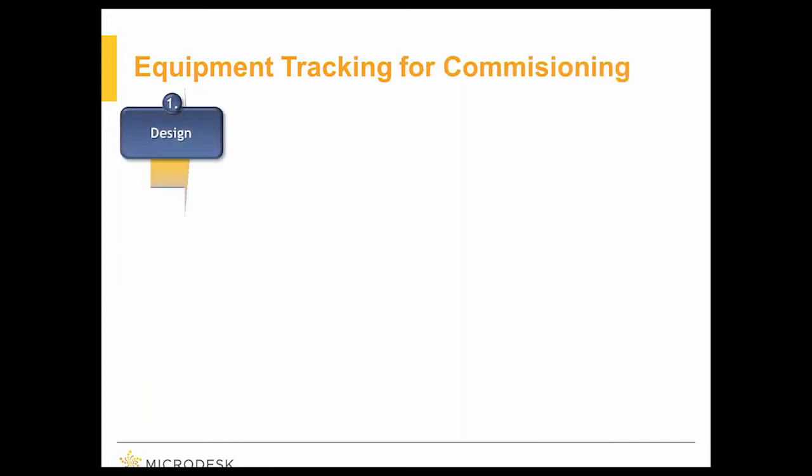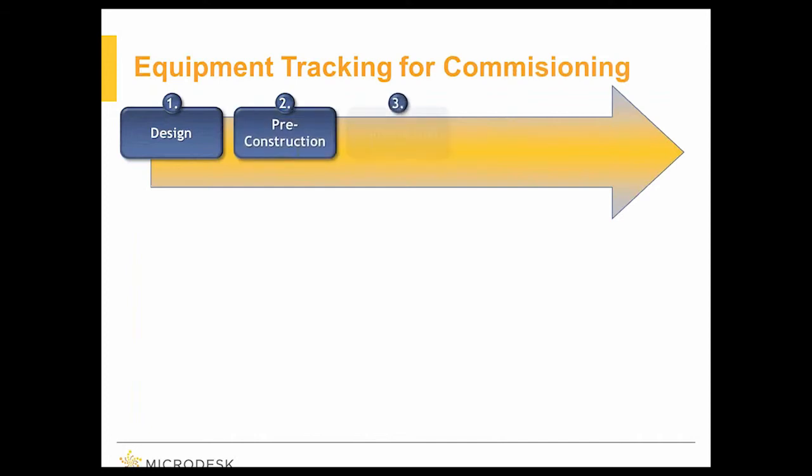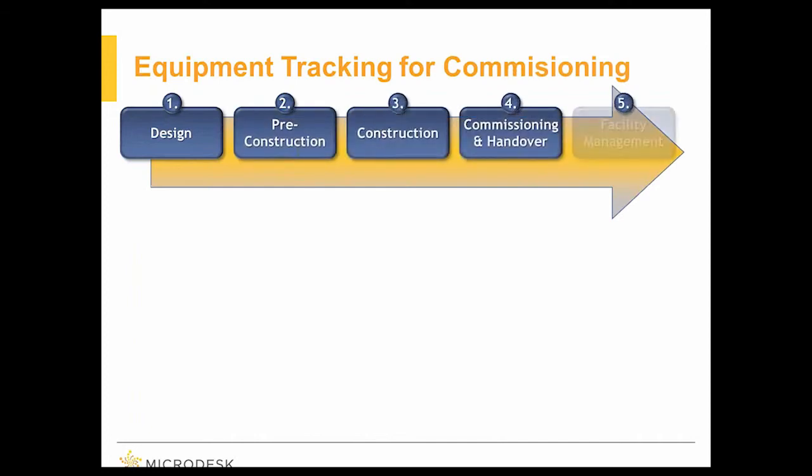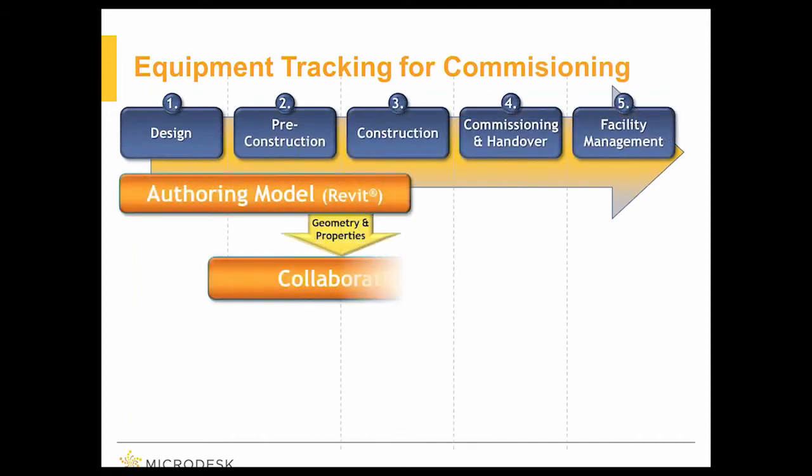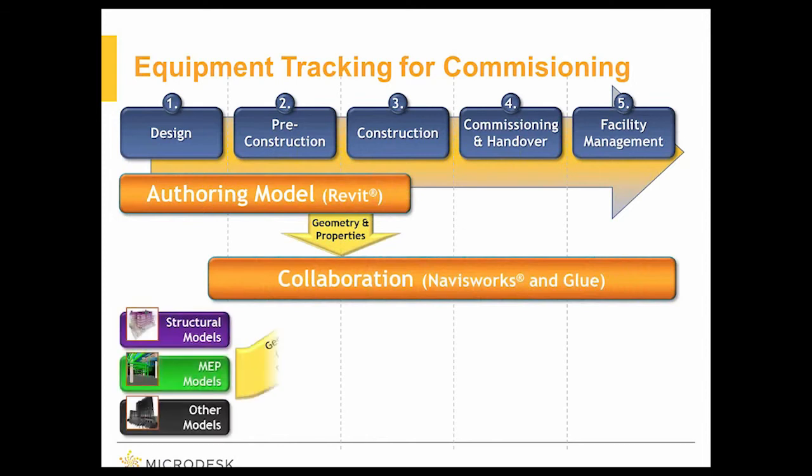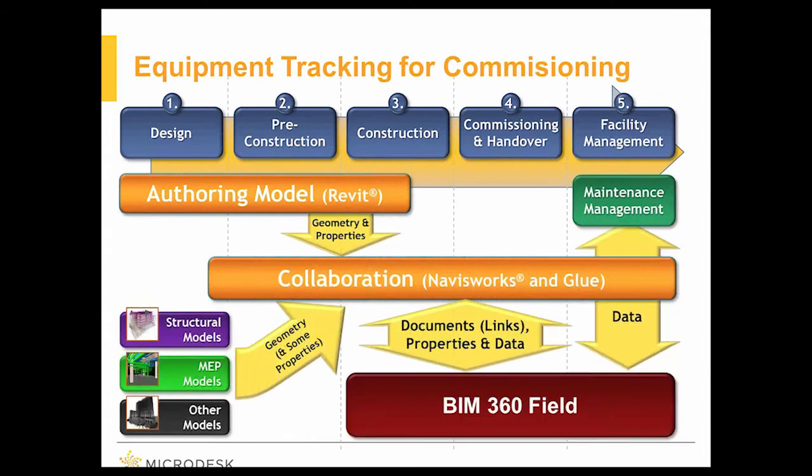Now, in terms of setting things up for commissioning, or in just general coordination, we have our design process where we go from design all the way through FM and ownership, and typically what we have is a couple of different tools as a part of this. So we'll end up having our design model, construction model. That's usually going to be something like Revit that has all the geometry and data.